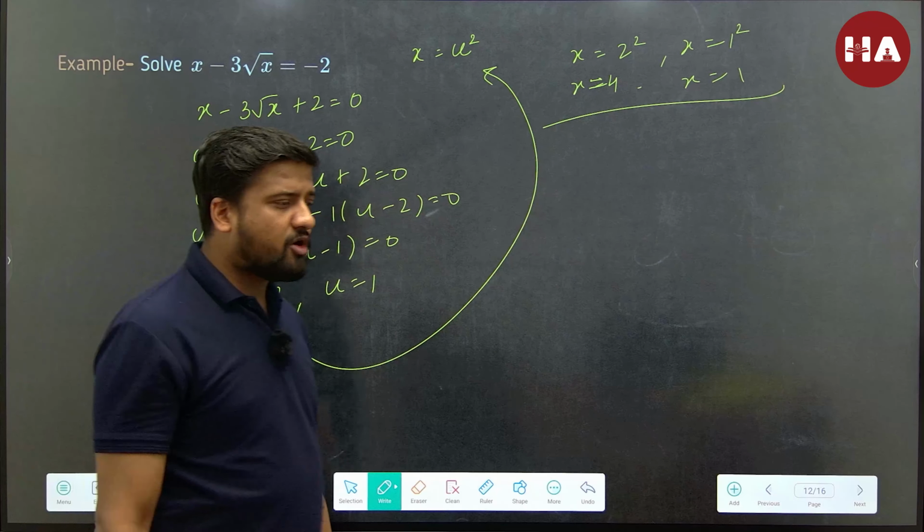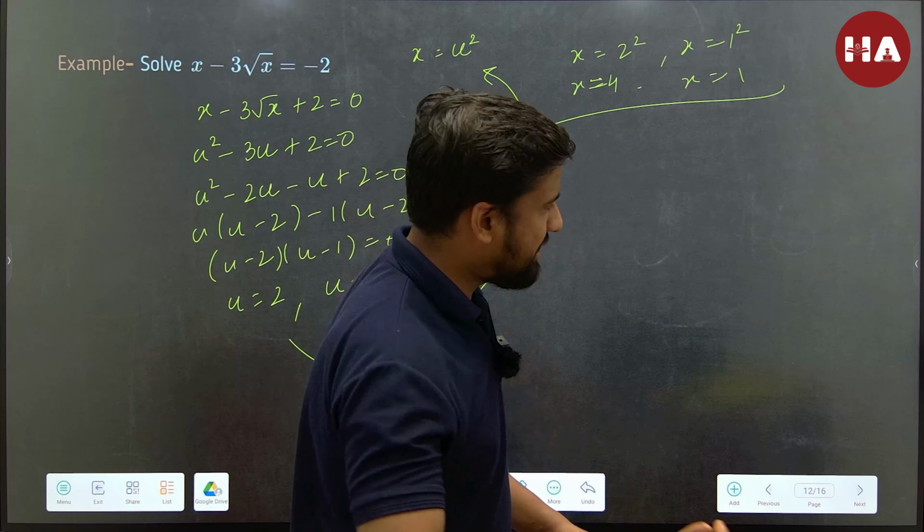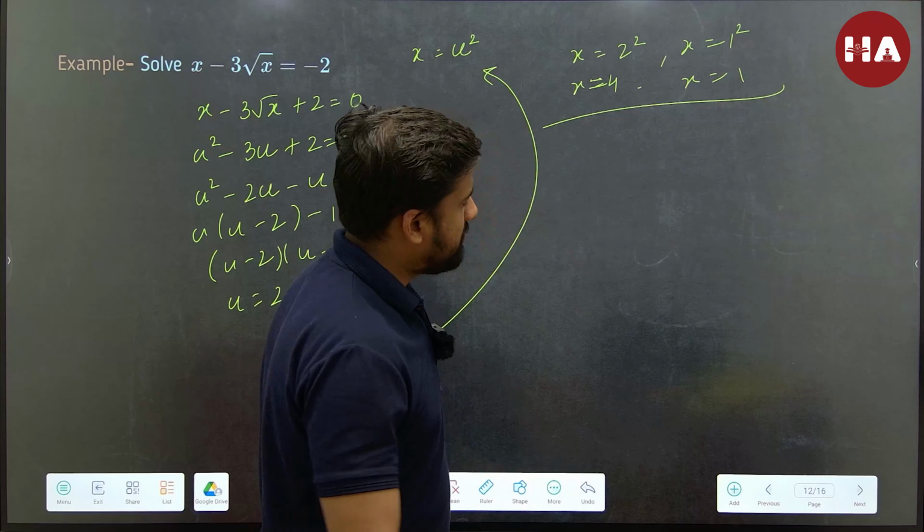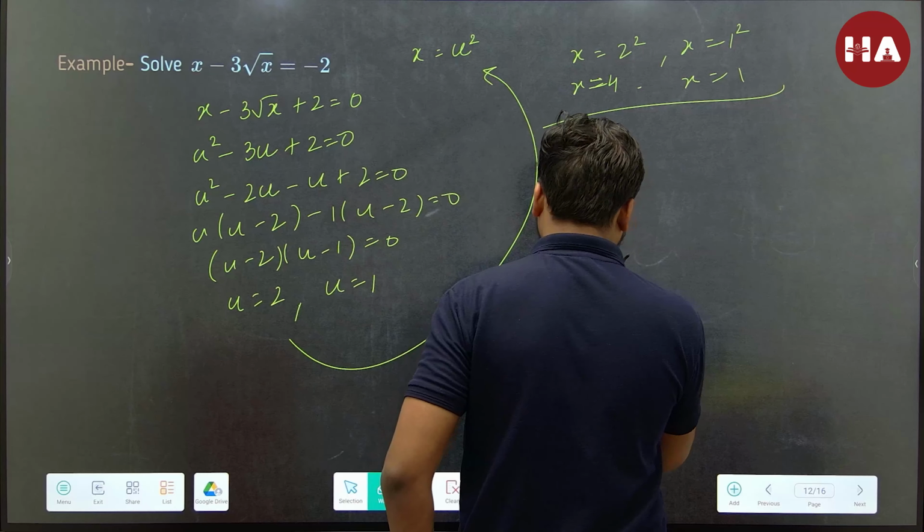Okay, before we move on, I'm going to give you one random equation. It might give you a perfect answer, it might not, but hold on.